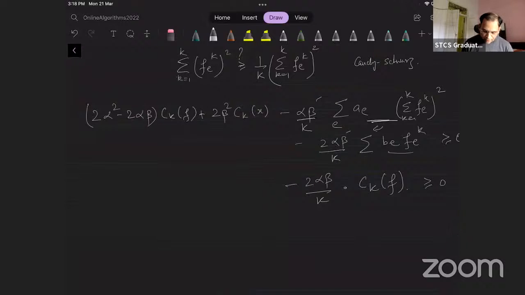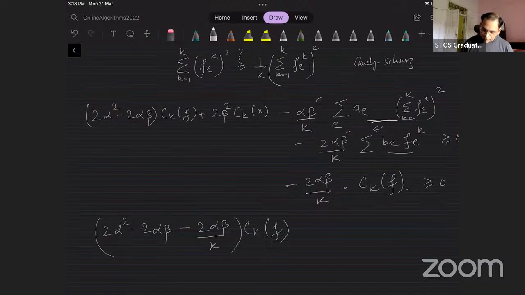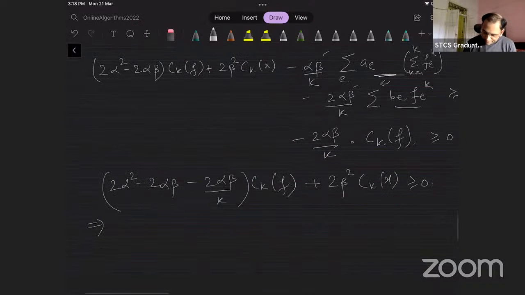So what do I get by combining? So 2 alpha square minus 2 alpha beta minus another alpha beta by K times CK of F plus 2 beta square CK of X is greater than or equal to 0. What should I do with this? Is it sufficient to claim what I wanted to do?